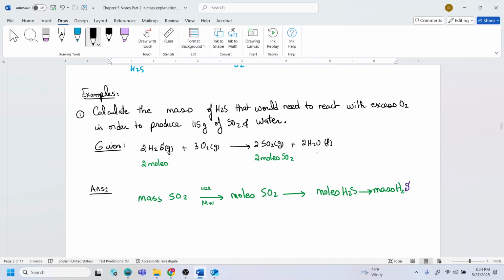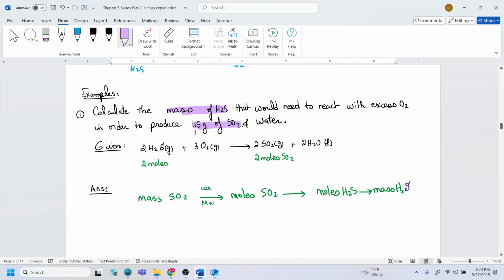So what we are given is the mass of the sulfur dioxide. So this is what we need to start with. What we need is the mass of the hydrogen sulfide. You can see the relationship between them, that for every 2 moles of H2S, you are forming 2 moles of SO2. So I can start with the mass of the SO2. See, this is going to be my guide over here. I'm starting with the mass of the SO2 because it is given.